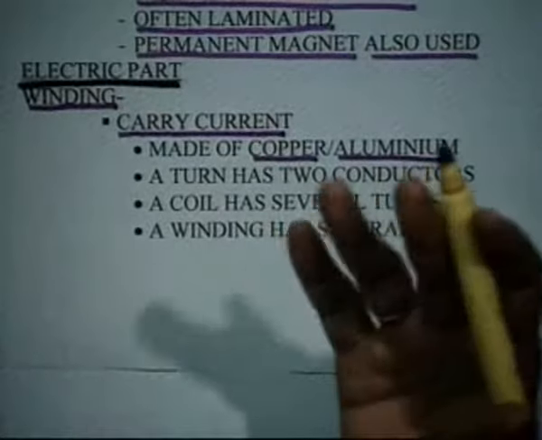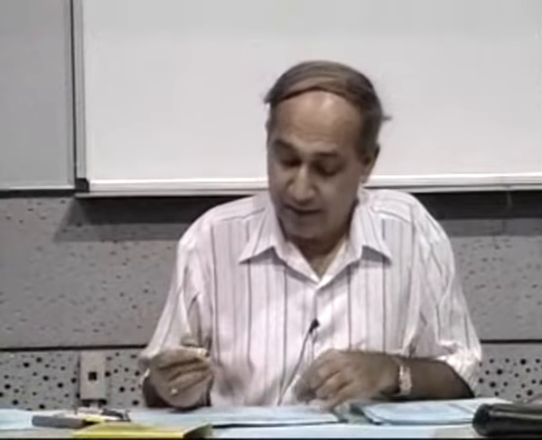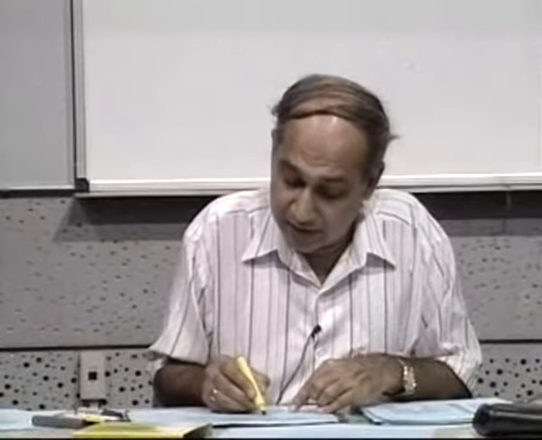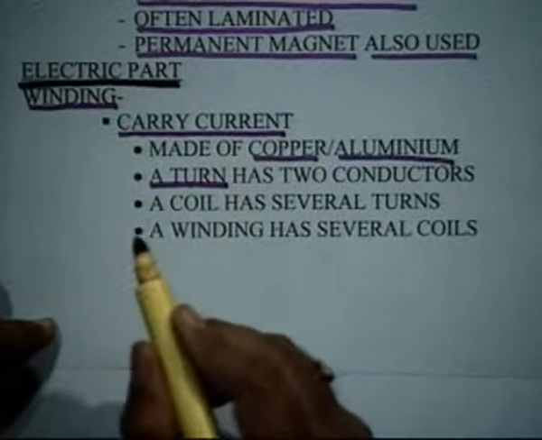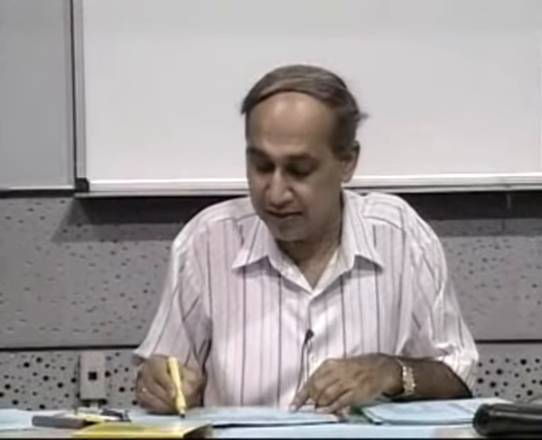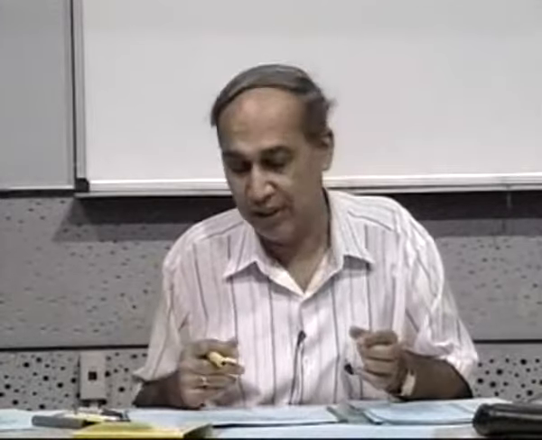Now what is a winding? It is a cluster of copper conductors. First we define what a turn is. A turn is just one loop of wire which has two conductors. Two conductors means the current goes in on one side and comes out on the other.